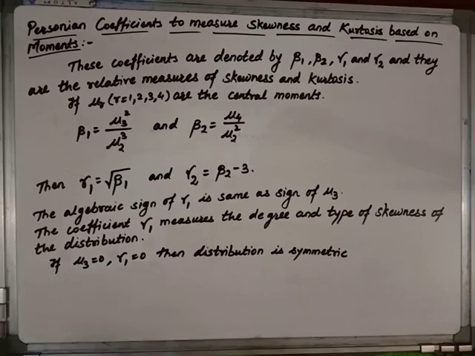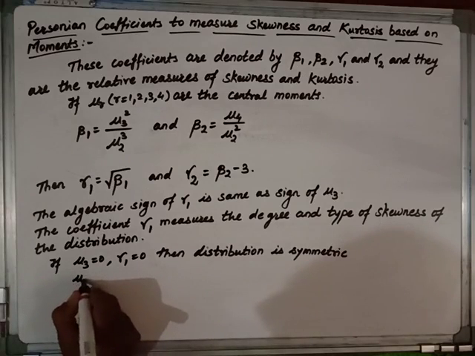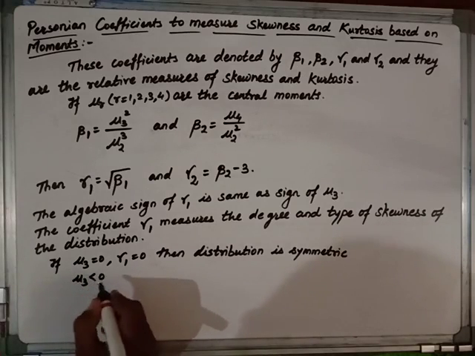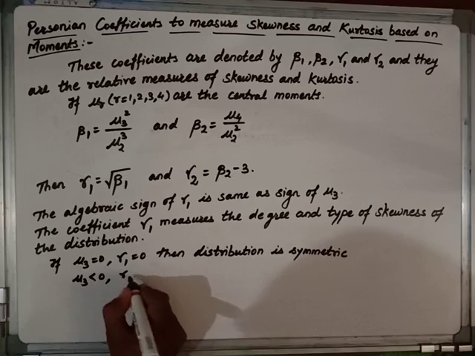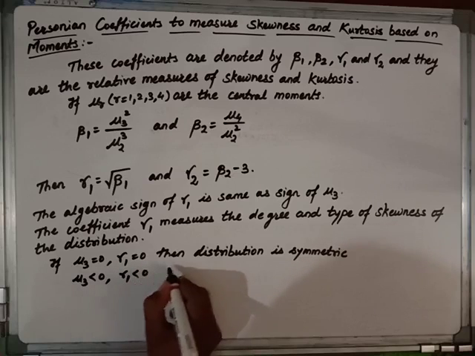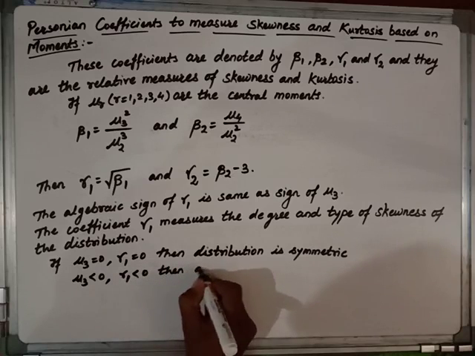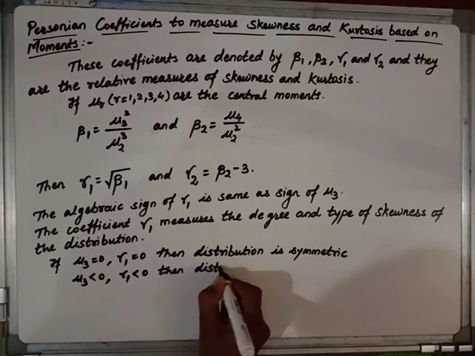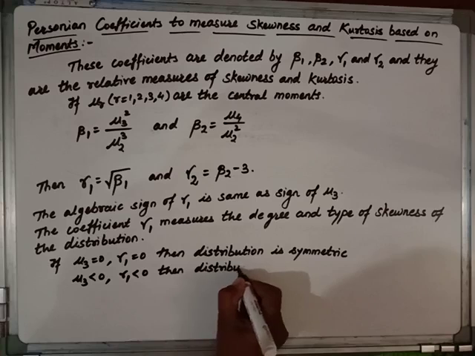Next one, if mu 3 is less than 0, then gamma 1 is also less than 0. Then in that case the distribution is negatively skewed.